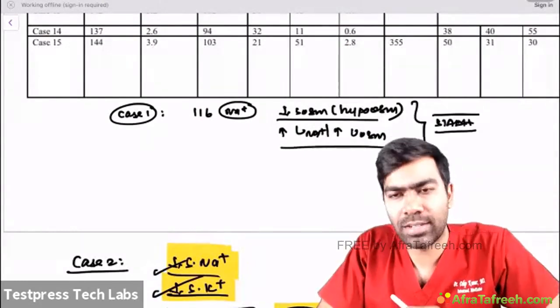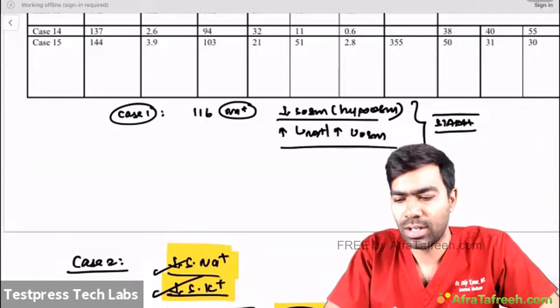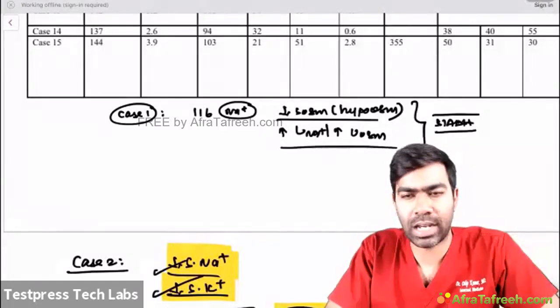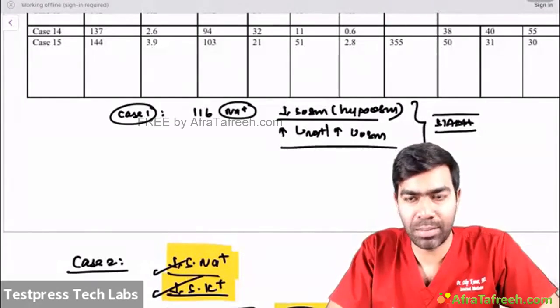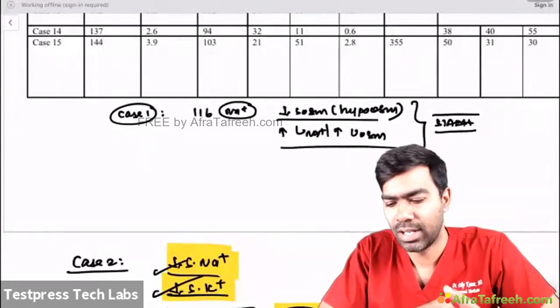That's the final diagnosis here. If you want to know about case number 1, this is basically an SIADH, that's all. Or it could be secondary adrenal insufficiency, or it could be myxedema as well, but I need other data. With this data, I can conclude that this patient is mimicking an SIADH kind of a picture.